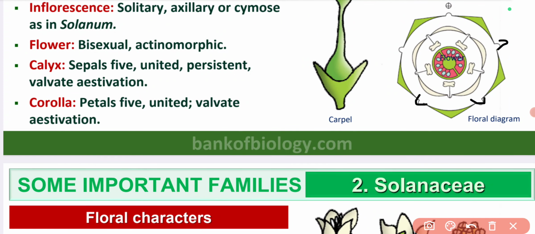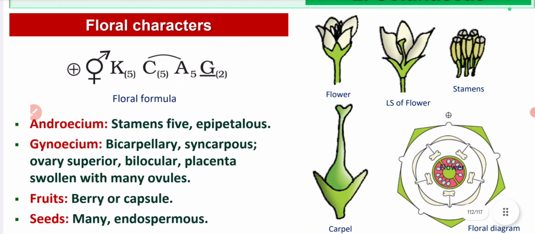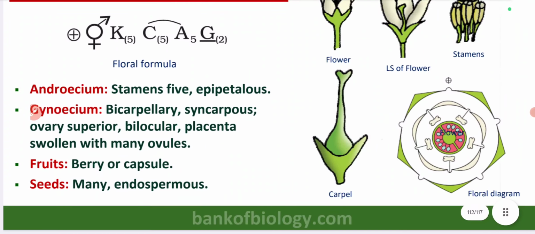This represents united. Okay, united. So here androecium, stamens 5, epipetalous, gynoecium bicarpellary, syncarpous, ovary superior, bilocular, placenta swollen with many ovules.